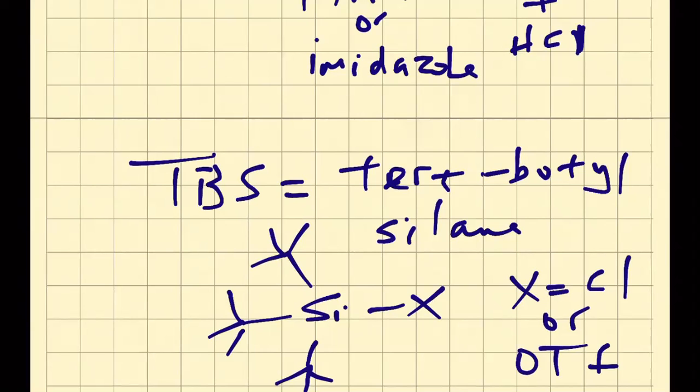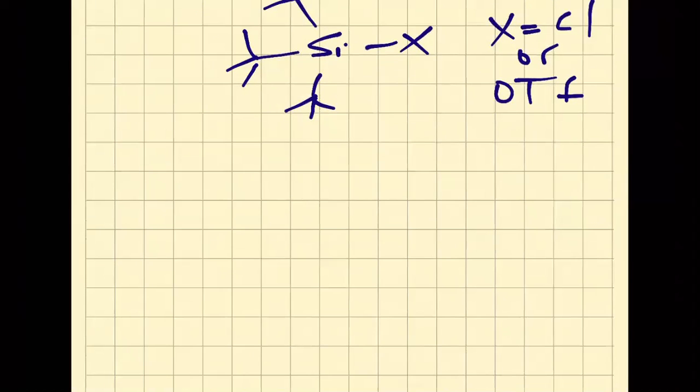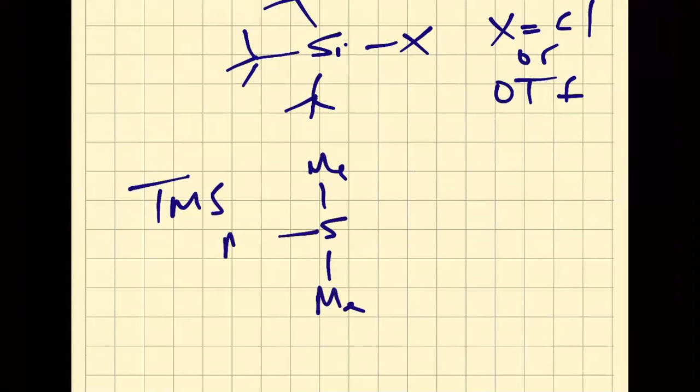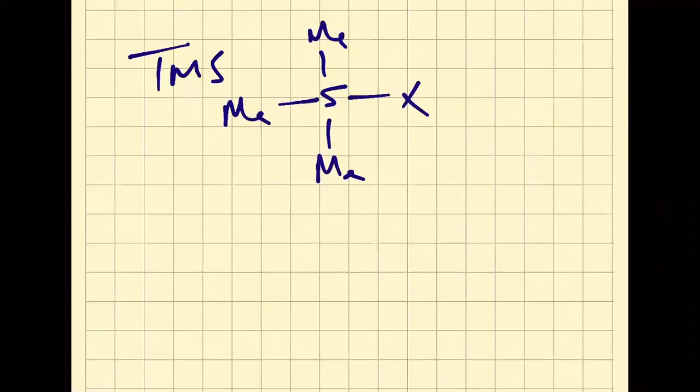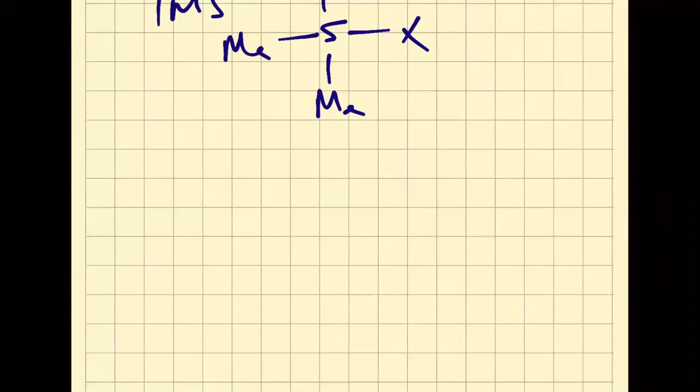And then TMS is also fairly common, and that's just a silicon with three methyl groups attached to it. So trimethylsilane. There's another one, TBDMS.